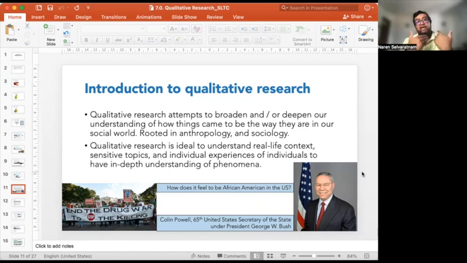Very similar to me, there are many others who have gone through the experience as well. But it all depends from one context to another. Now, what Colin Powell may have gone through is very different from a general African American person. So then, how does it feel to be African American in the US? How does it feel to be Tamil in Sri Lanka?